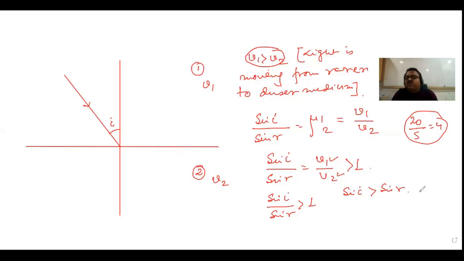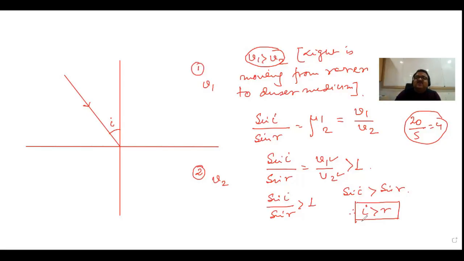And if you have an idea of trigonometry, sine 0 degrees is 0, sine 30 degrees is half, sine 45 degrees is 1 by root 2, sine 60 is root 3 by 2, sine 90 is 1. That means as the angle increases, the value of sine theta also increases. So if sine i is greater than sine r, it implies that i is greater than r. That means the angle of incidence is more than the angle of refraction.